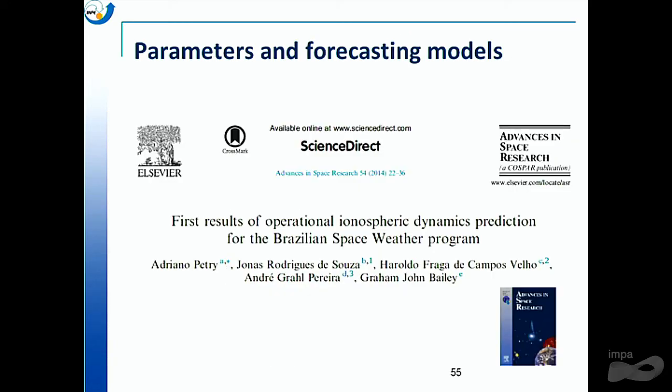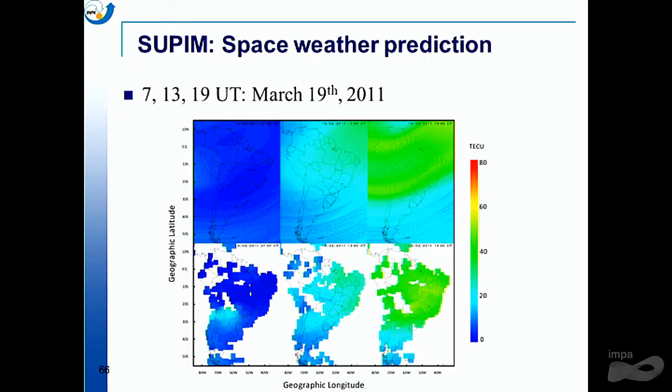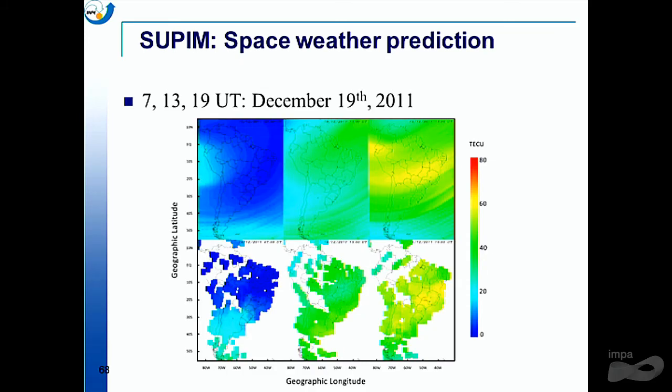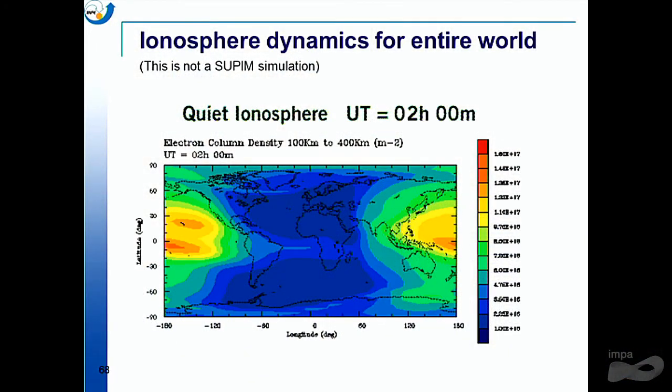And well, we published our results in this journal. And you can see here, this is our prediction, and this is observations, for March 2011, June, and finally December. In different seasons, we have different concentrations of electron content. And for example, this is one animation.